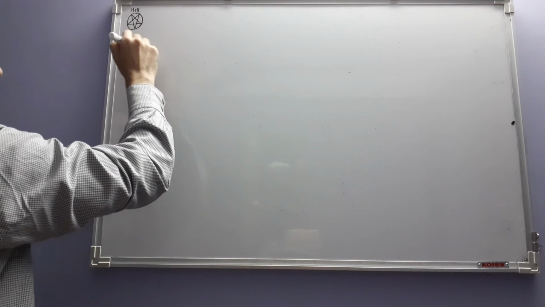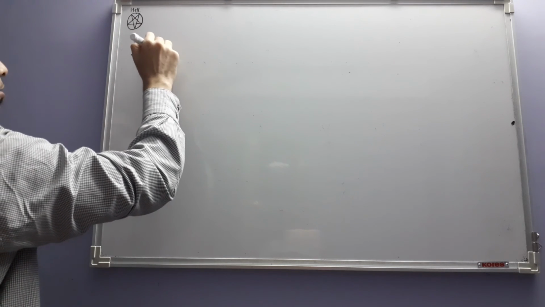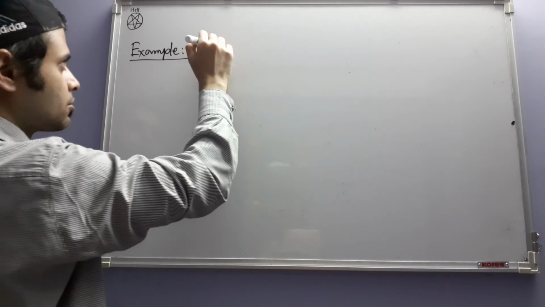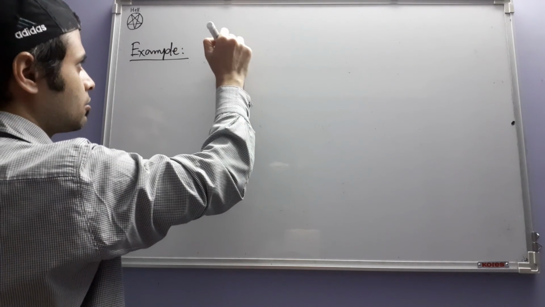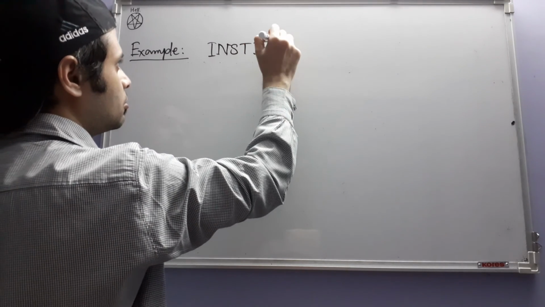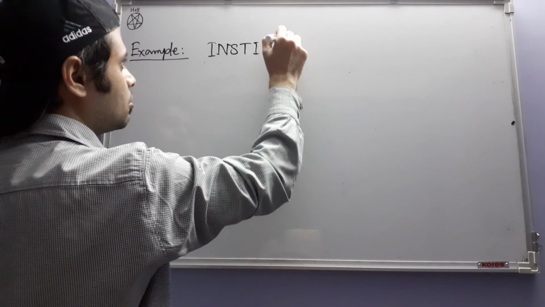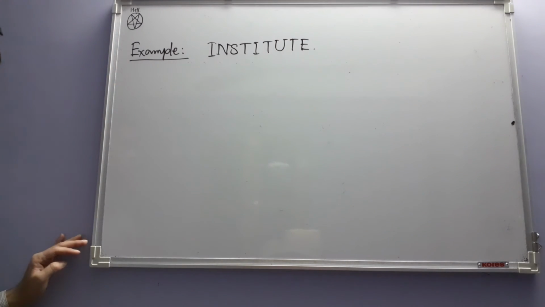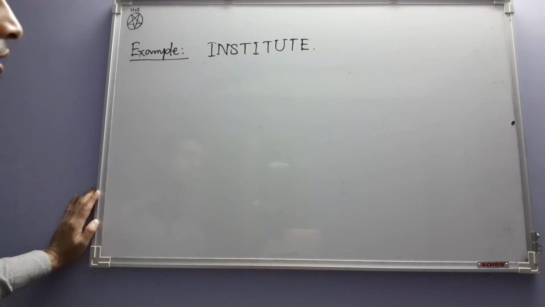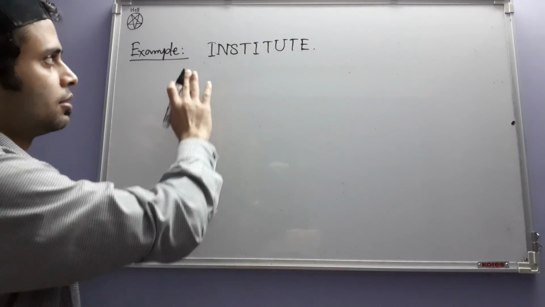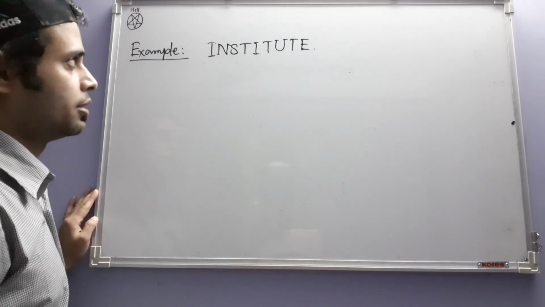Or before going to the problems, let us take an example. You consider this word, institute. Here say we want to find the number of permutations of the letters of this word.